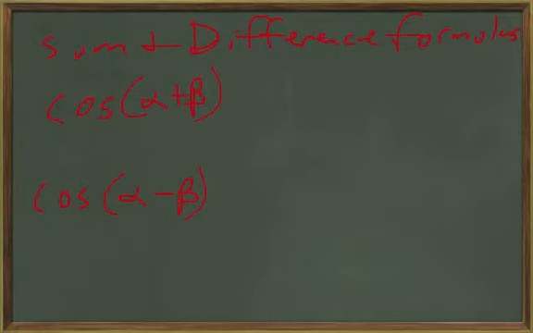So with cosine of alpha plus beta, that formula is cosine alpha times cosine beta minus sine alpha sine beta. Okay, it's kind of weird.